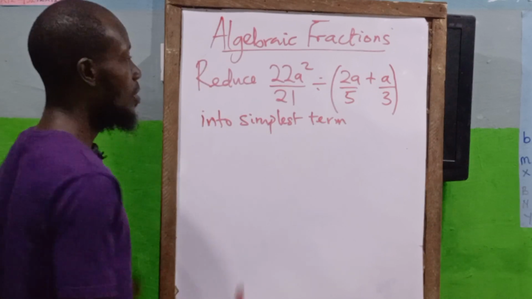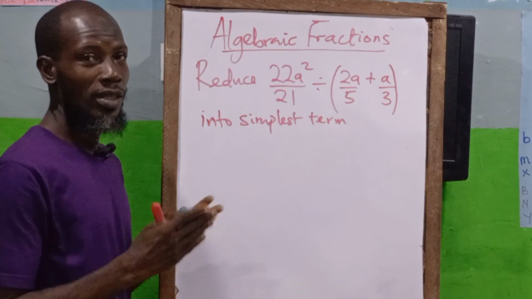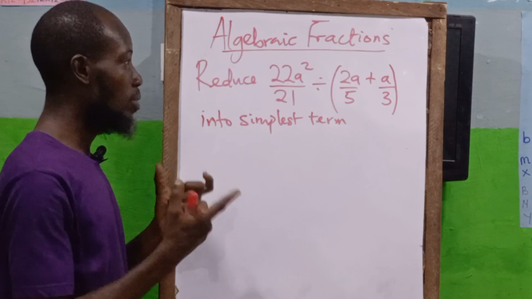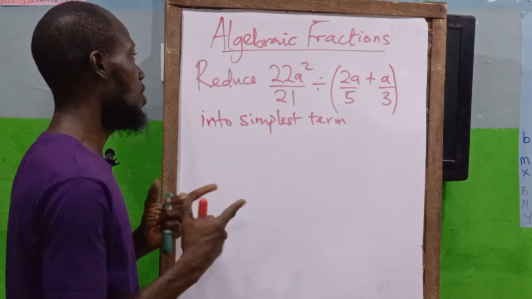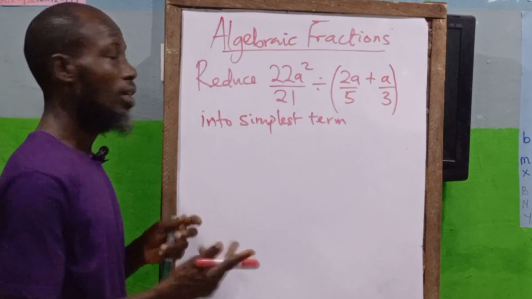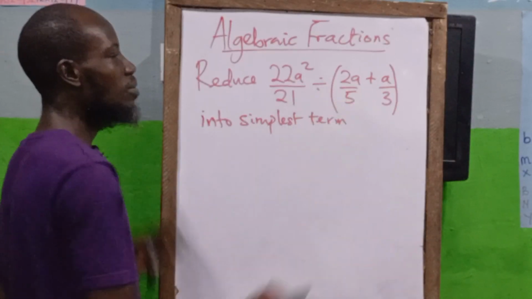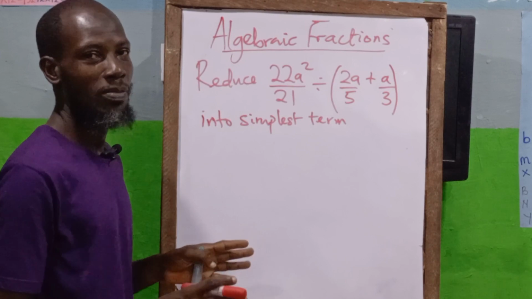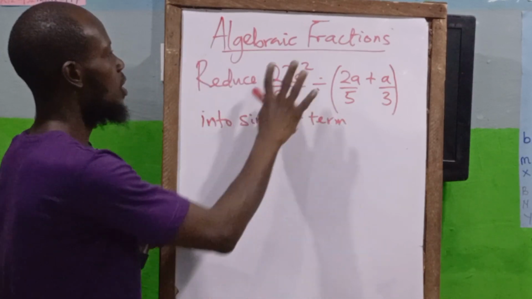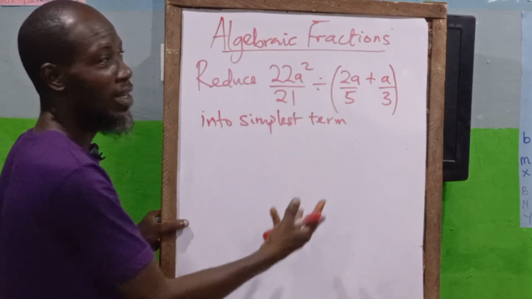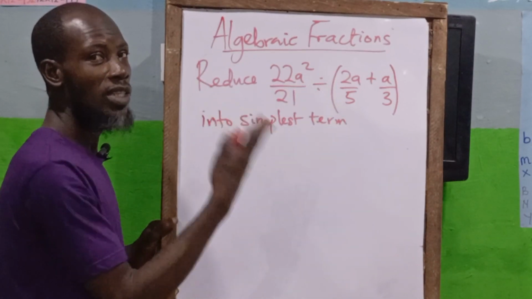As with normal fractions, that is fractional numbers without algebraic expressions or terms, we deal with them in the same manner. The only difference is that algebraic fractions have algebraic terms.